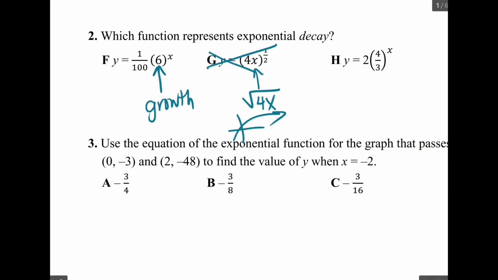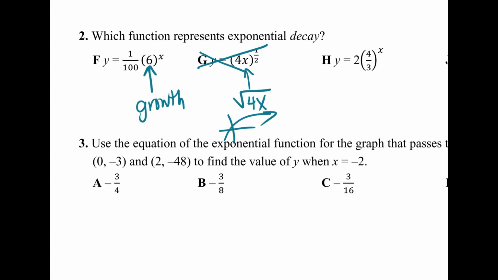What about h? It's a fraction, so it's decay? No. What's wrong with this picture? 4/3 is larger than 1, so it's growth. If I give you 4/3 of a pie, you'd be happy, because it's more than 1 pie. Is the number on top bigger than the one on bottom?